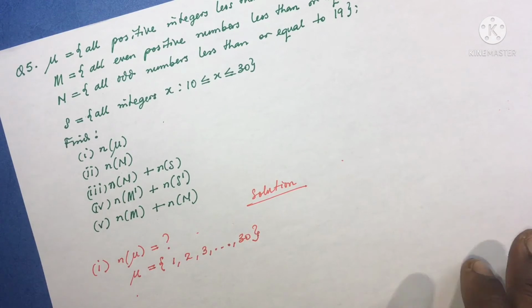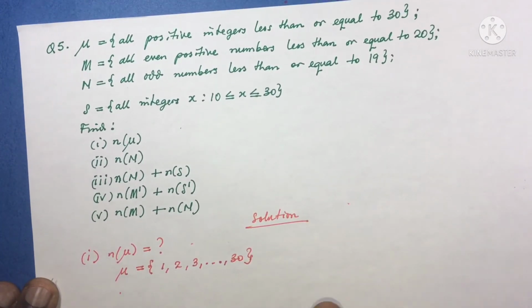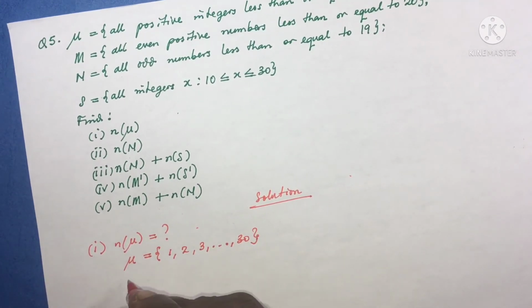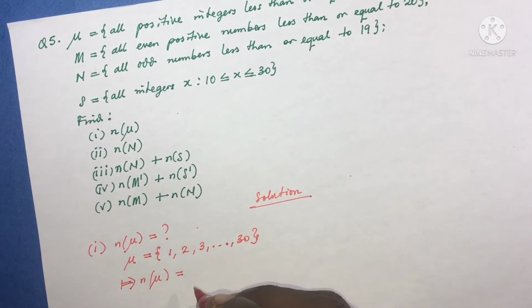Okay, because 30 is actually included in that list. So all the positive integers less than or equal to 30 would make the universal set. So that implies that n mu will be equal to 30.